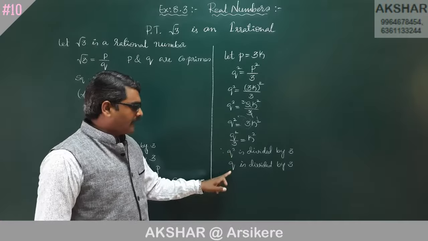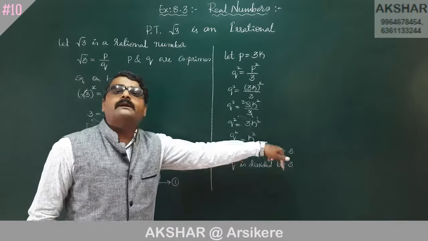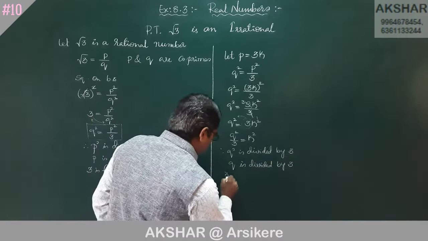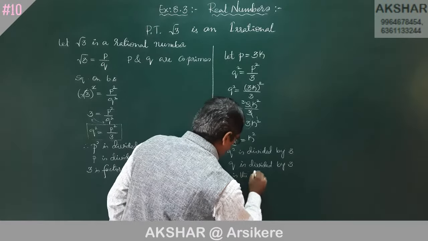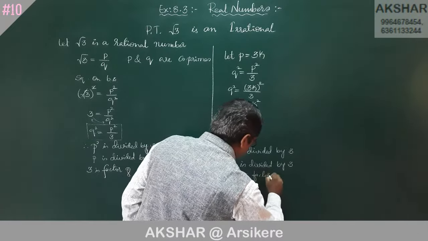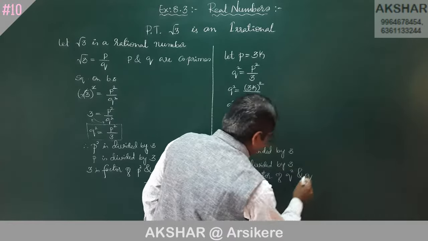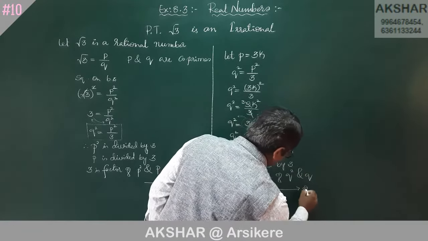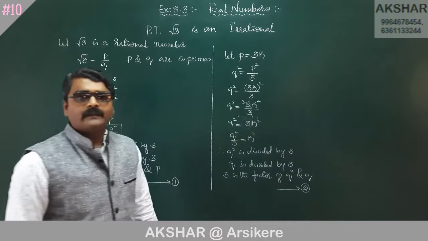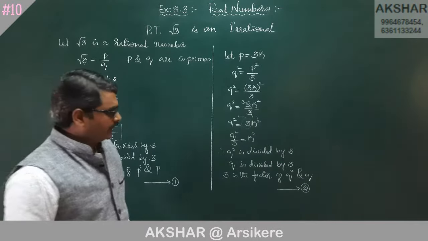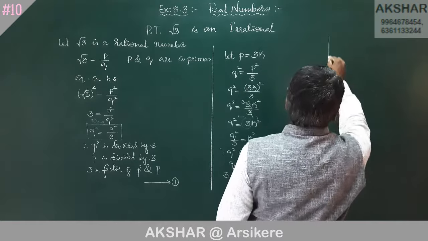If q square and q both are divisible by 3, then 3 is a factor of q square and q. Consider it as statement 2.